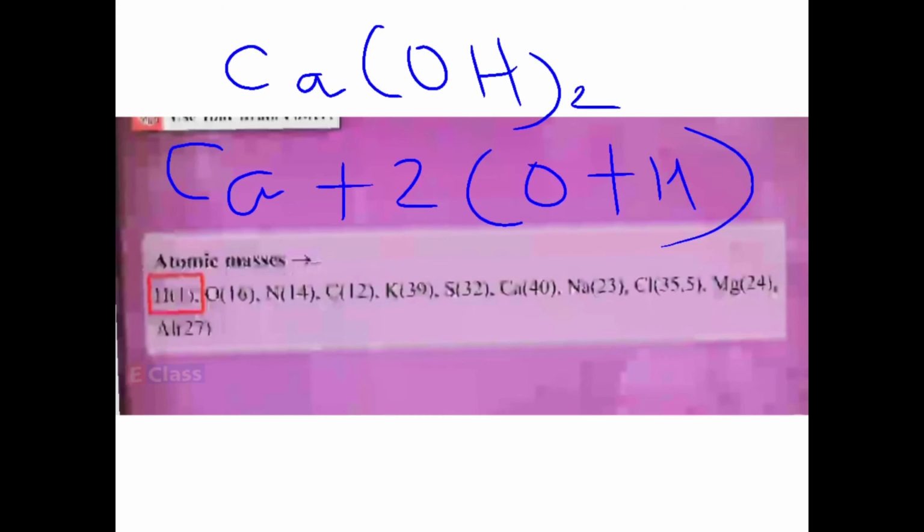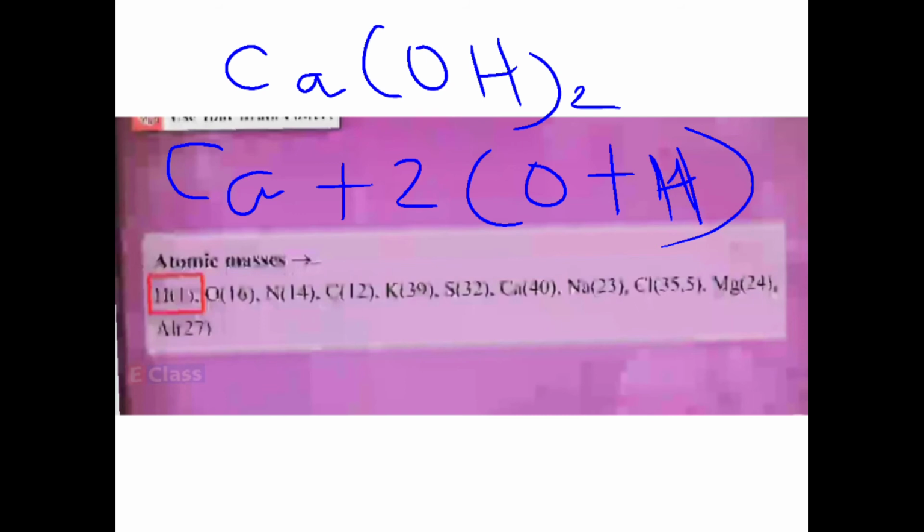Ca one time plus two times O and H. Right? See here I have written, children, not multiplication, addition. O plus H. Is this chart clear? OH, what does it mean? One atom of oxygen and one atom of hydrogen. So I am separating it by the addition sign. Here it is not multiplication, okay? It is addition. Is this part clear to you?